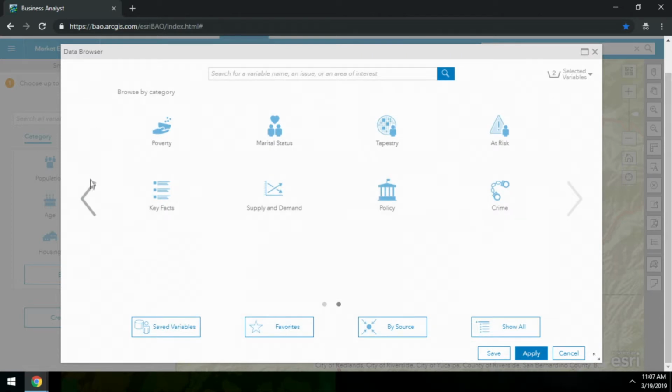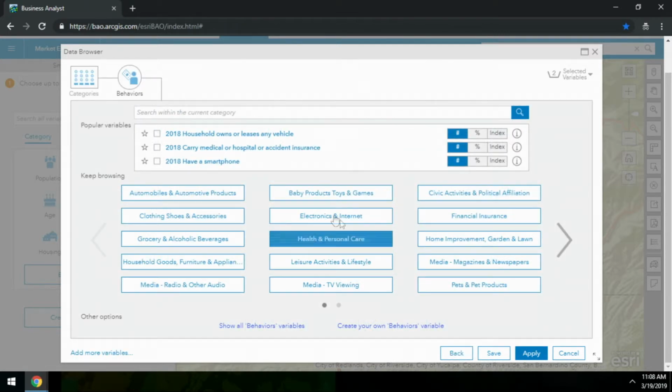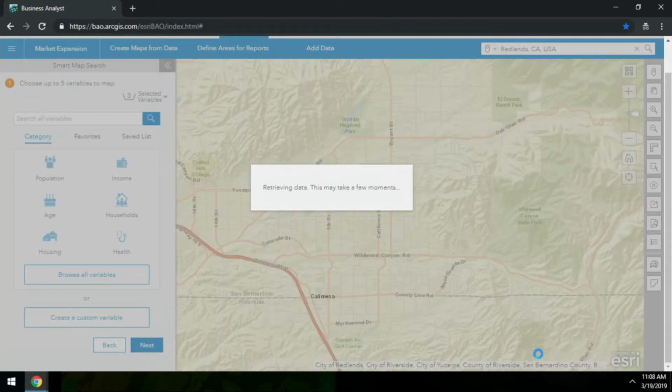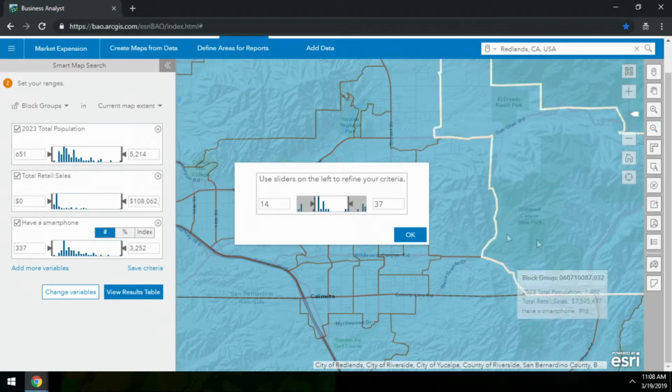Finally, another data variable we can look at is behavior information. So we can look at how many people have a smartphone. So now that I've selected these 3 different variables, the Smart Map Search is going to do an advanced query to find the locations on the map that meet my requirements.